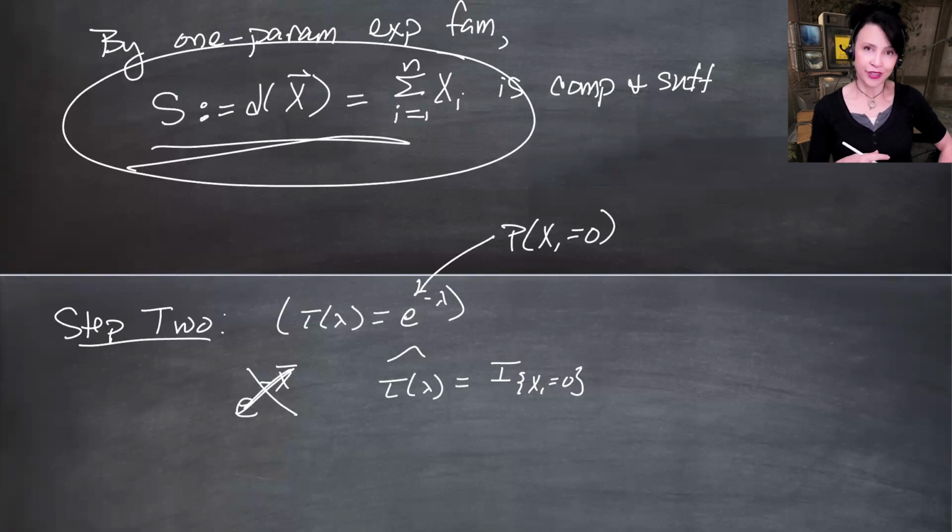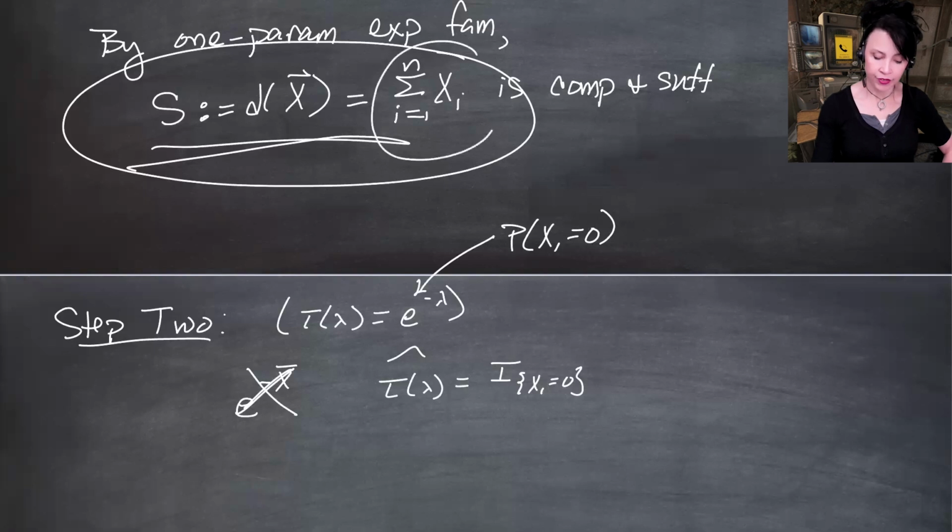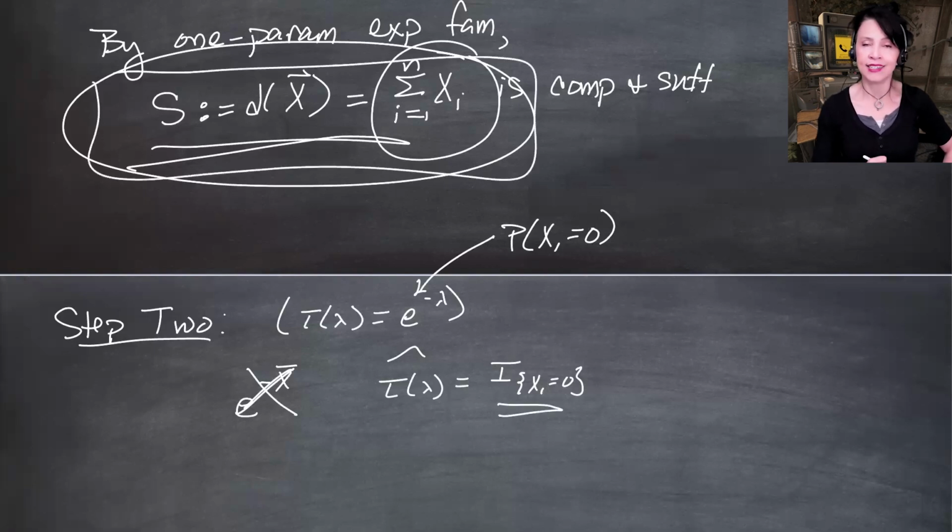But this is not a function of all of the data, and now, in the context of the UMVUE, it is not a function of this sum. But if we Rao-Blackwellize this estimator by computing its expected value given this sufficient statistic, we will get something that is still unbiased for this function and is a function of S. That's what the Rao-Blackwell theorem did for us.